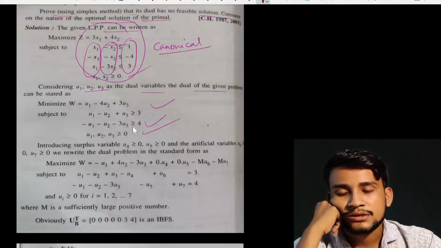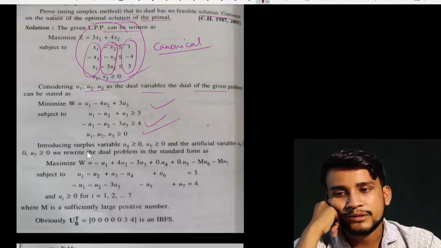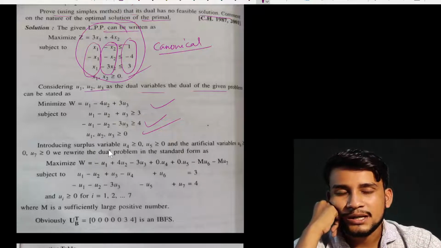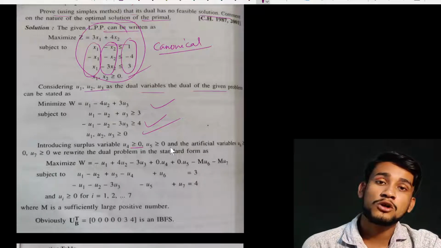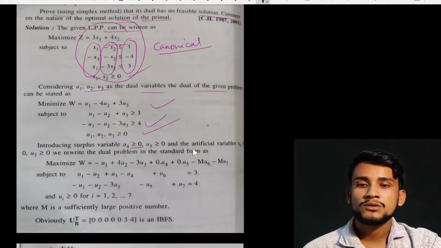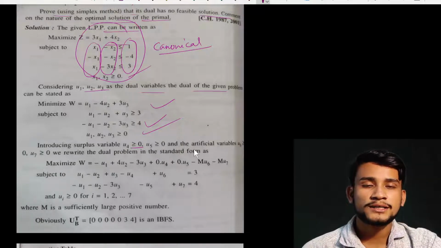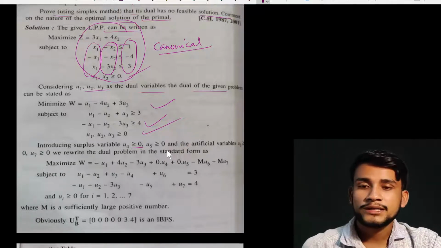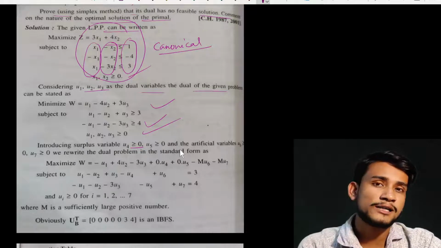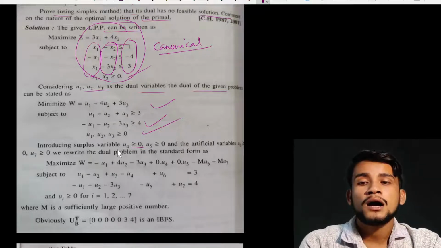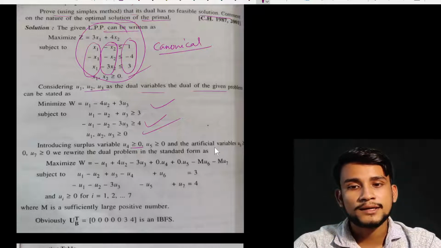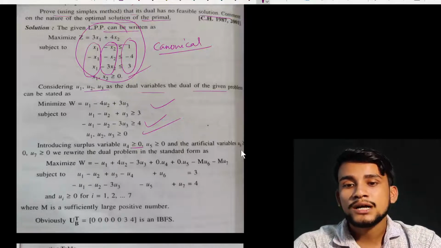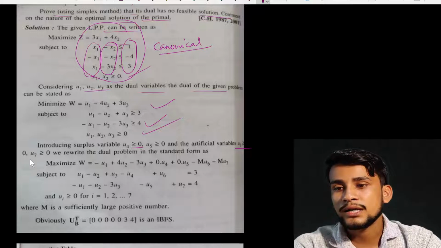Now since two constraints are greater than or equal to type, we introduce surplus variables u4 greater than or equal to 0 and u5 greater than or equal to 0, and solve the dual. Since the surplus variable cannot form the basis, to form the basis we also have to add artificial variables u6 and u7 greater than or equal to 0.